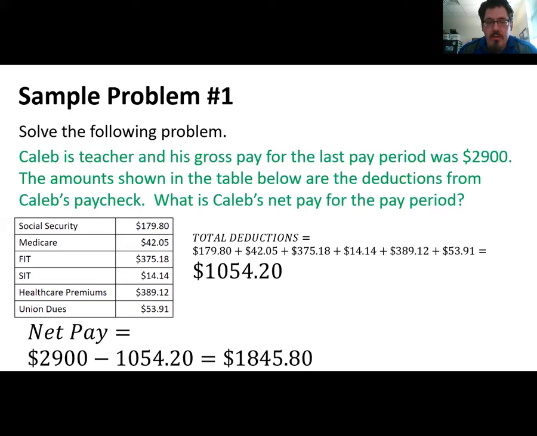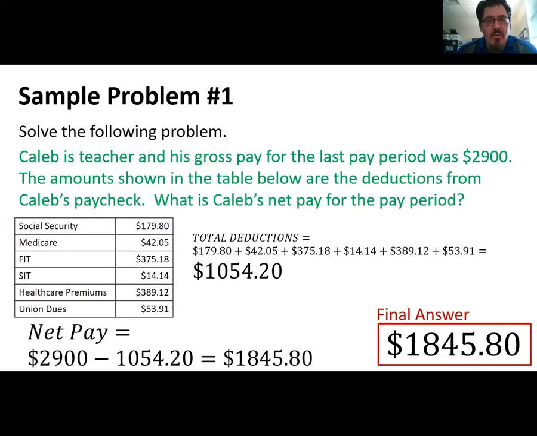So his gross pay was $2,900, but what he actually saw in his paycheck when he brought it home was $1,845.80. So figure out what your deductions are, and subtract those deductions from the gross pay, and that will give you the net pay that you receive.